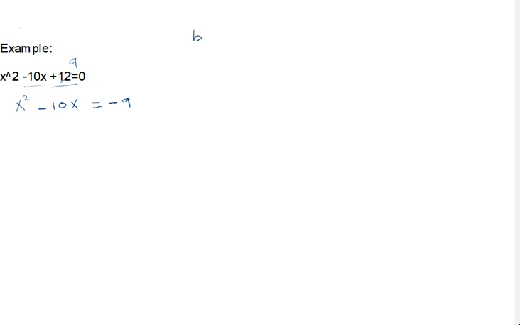So the term (b/2a) squared equals b, which is minus 10, over 2, squared. This term is 10 over 2, which is 5, squared, 25. So x squared minus 10x plus 25 equals minus 9 plus 25.